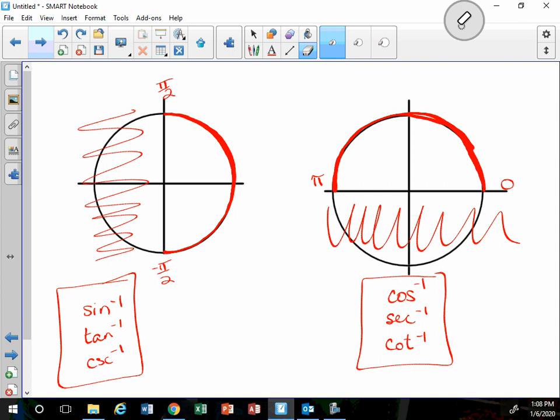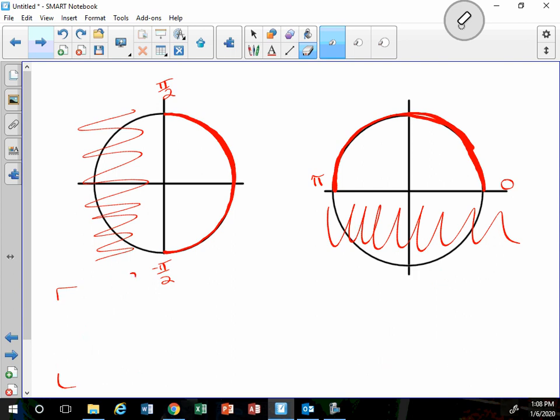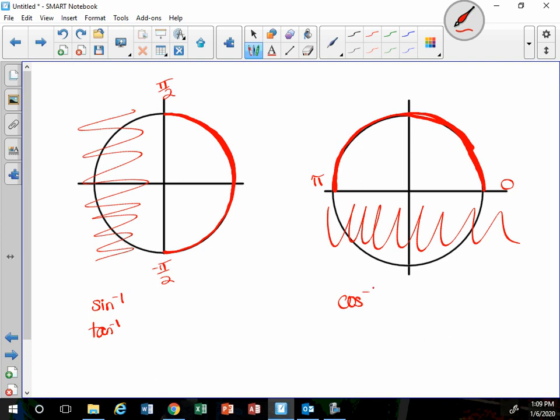Okay, guys, somewhere I want you to sketch these two circles for me. These are the two options we have for all of our inverses. We've talked about how inverse sine and tangent is this first one, and inverse cosine is this one.